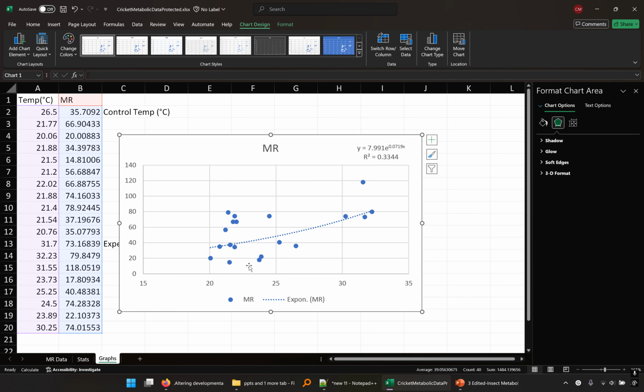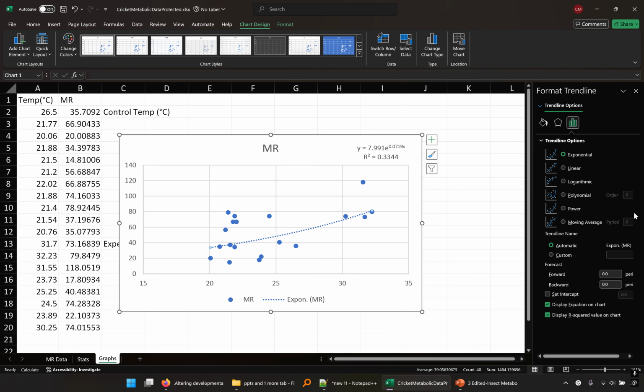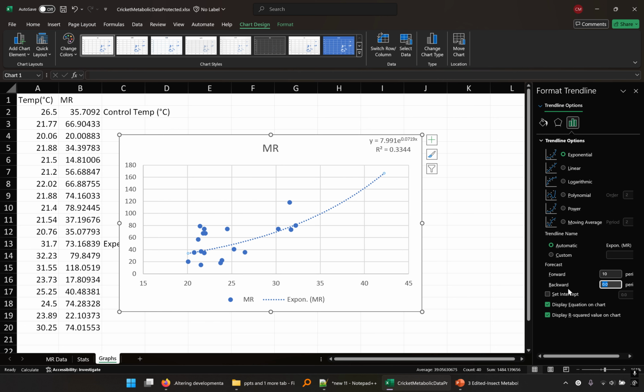Now, for these values right here, now that we have this trend line, it's kind of ugly right now. So we can extend the forecast, so we can go not 1 but probably 5.